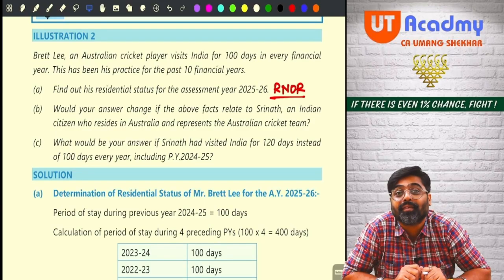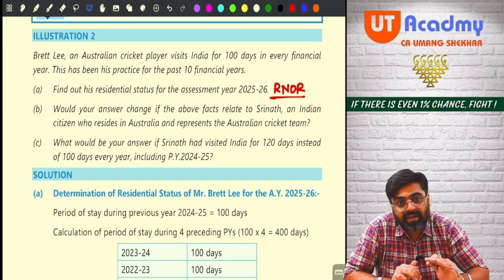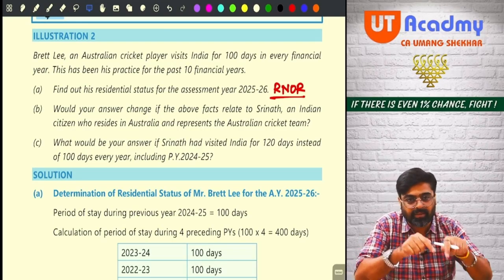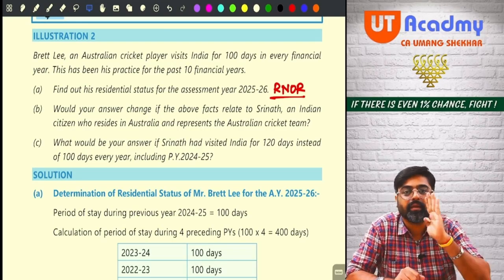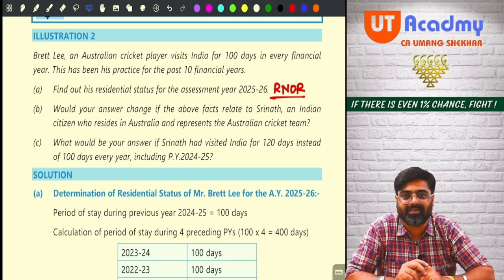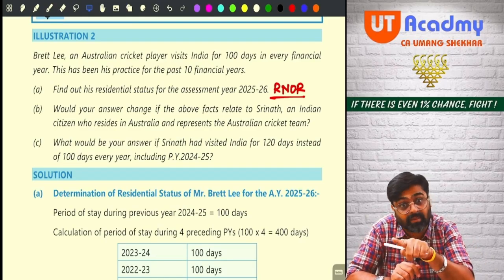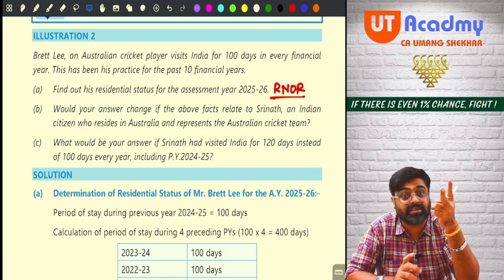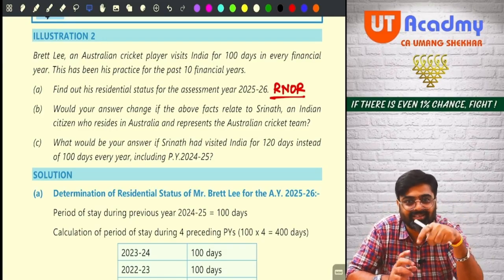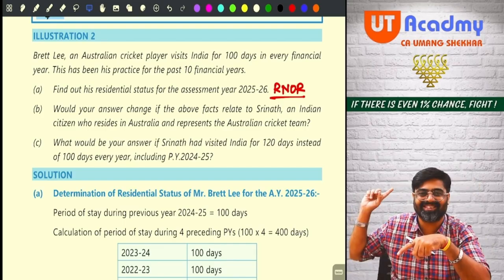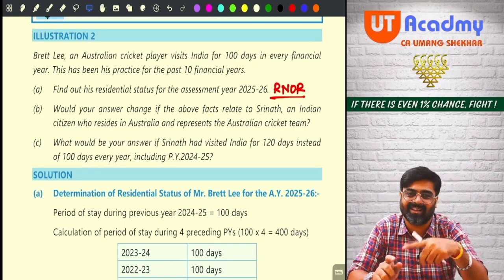Now if I take another assumption, that Srinath, an Indian citizen coming to India for the purpose of visit, has a total income of more than 15 lakhs, then he will not be covered by the exception, but he will definitely be covered by the special case. Now, if A is not fulfilled, I will check B. But B is special: his stay in India should be 120 days or more in the year, and 365 days or more in the last 4 years.